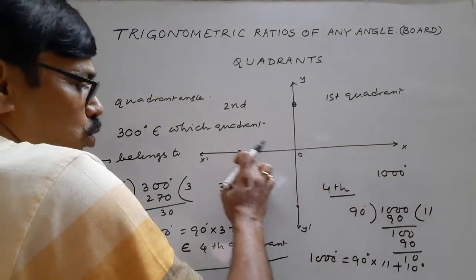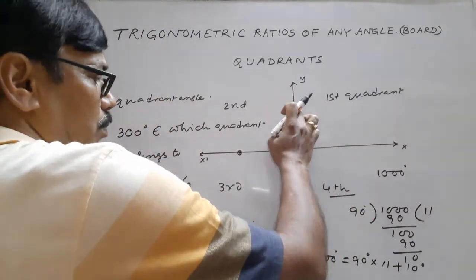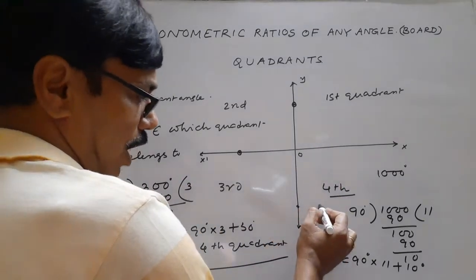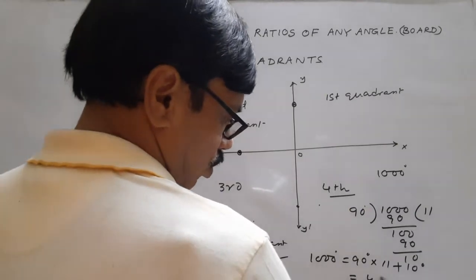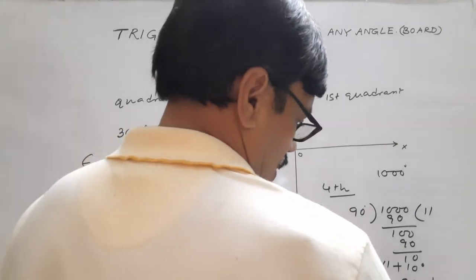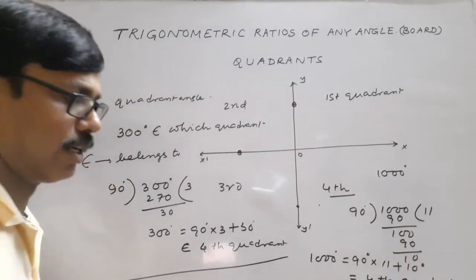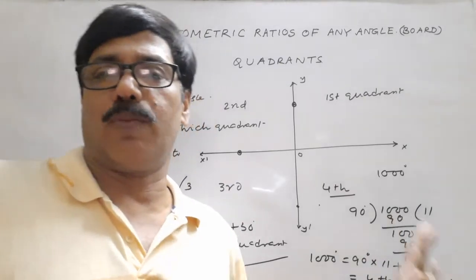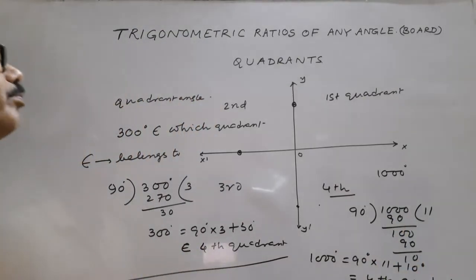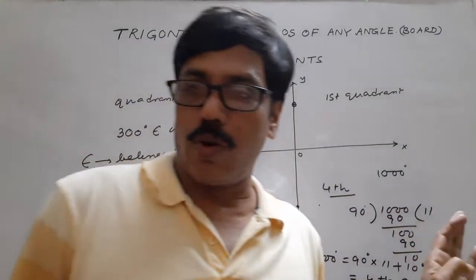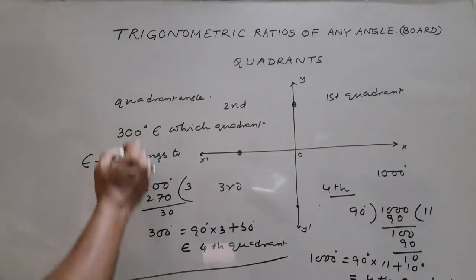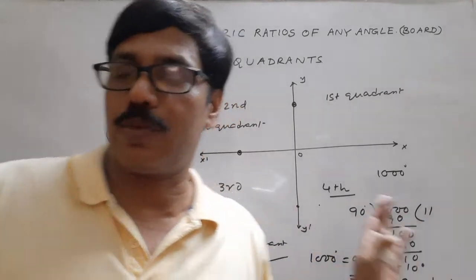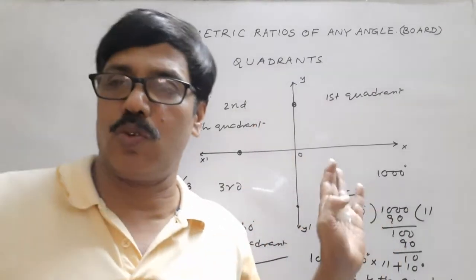So 1, 2, 3, 4, 5, 6, 7, 8, 9, 10, 11. It is 11, then plus. So 90 into 11 plus this, it is the 12th quadrant. 12 means fourth quadrant. So there are 4 quadrants and you can find any angle, its position with respect to quadrant.